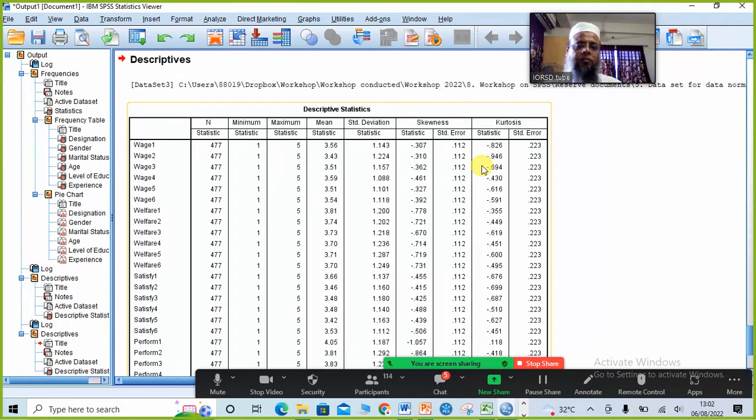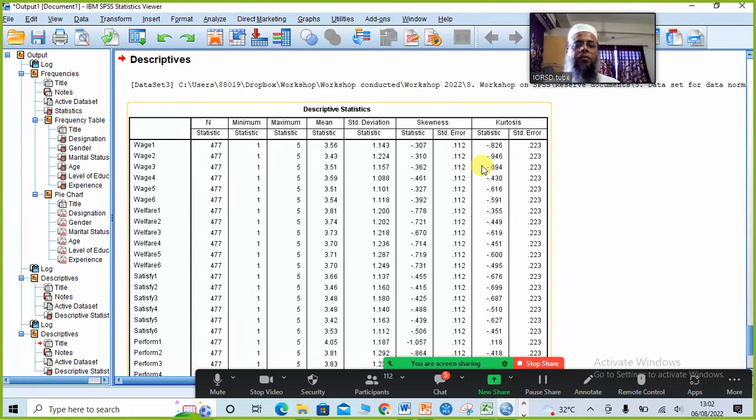And if skewness is between -0.5 and plus 0.5, the distribution is approximately symmetrical. So on the basis of the value obtained from our SPSS analysis, we can say that our data is highly skewed, moderately skewed, or approximately symmetric. You got the point?